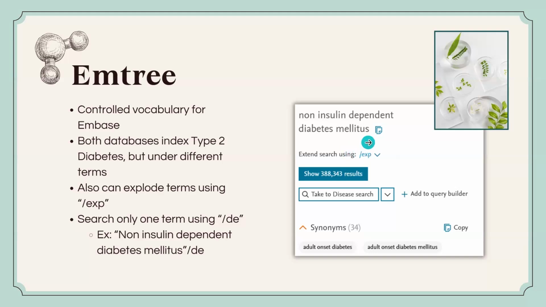This EXP is telling it that everything underneath diabetes needs to be exploded in the search: type 1, type 2, all the other forms of diabetes. So in Emtree, you use EXP to tell it to explode. In PubMed, you can just say MeSH and it's going to explode. You then have to tell Emtree to explode it, right?